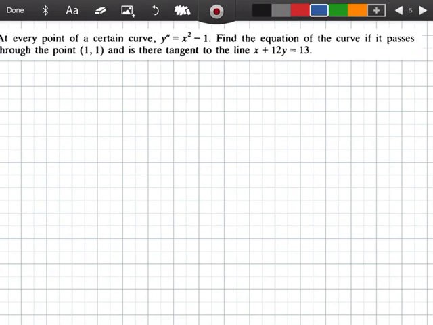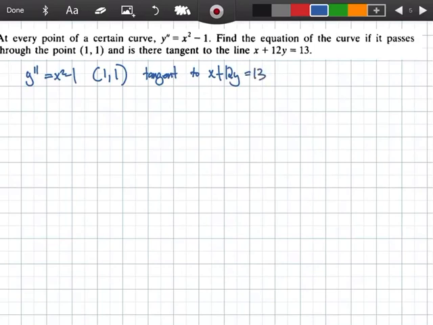So, we are going to get the equation of the curve whose y double prime is x squared minus 1, passing through the point (1, 1) and tangent to the line x plus 12y equals 13.